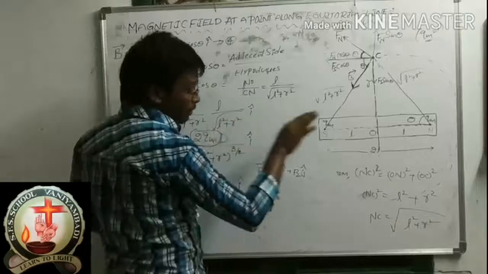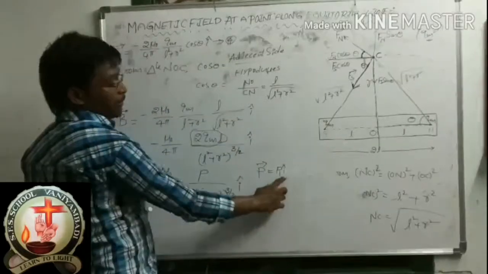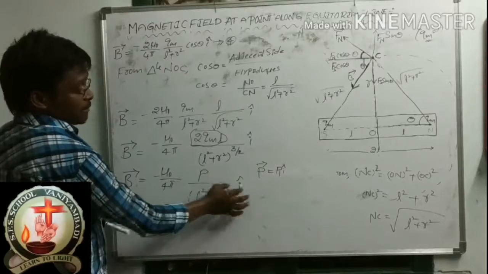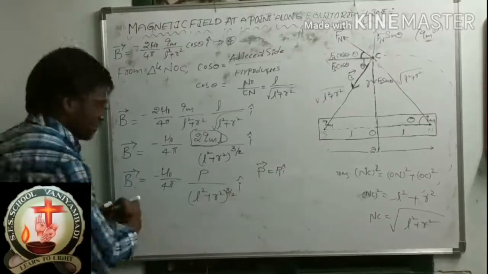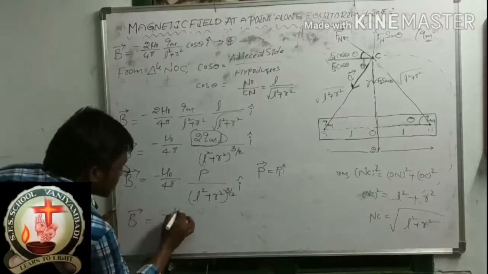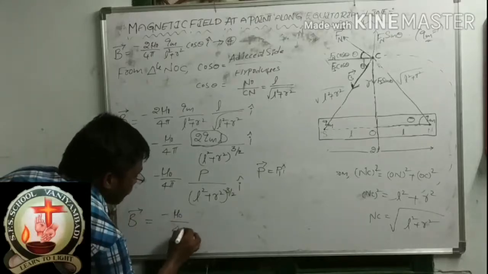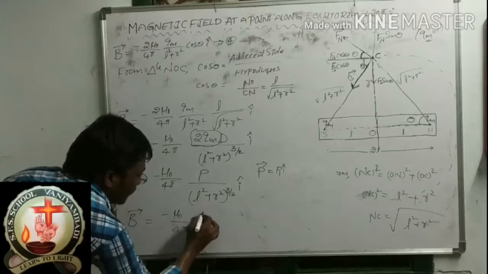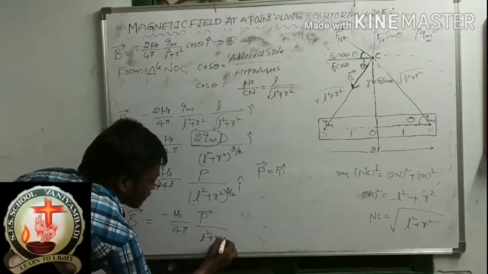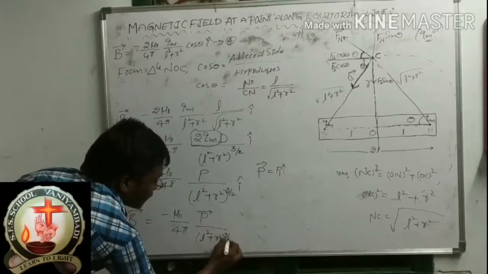If a vector is moving in only one direction, P1 I cap. Correct? So here P I cap is there. Instead of this P I cap, shall I write P bar? Yes, absolutely. B bar is equal to minus mu naught by 4 pi, P bar by L square plus R square whole power 3 by 2.